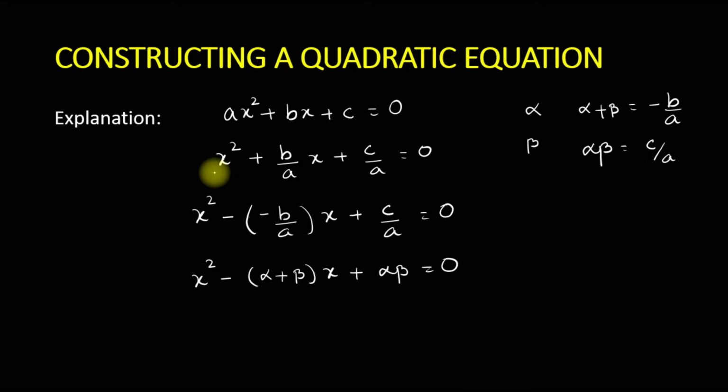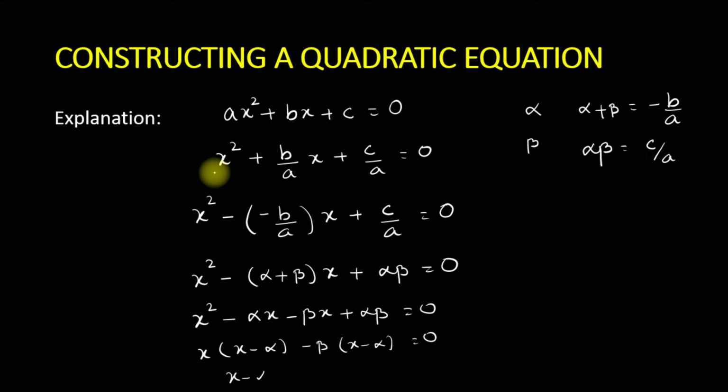Now this can be factorized as x square minus alpha x minus beta x plus alpha beta, equal to 0. Taking x as common, we have x minus alpha. Again taking minus beta as common, we have x minus alpha. Further we can write this as x minus alpha into x minus beta, equal to 0.